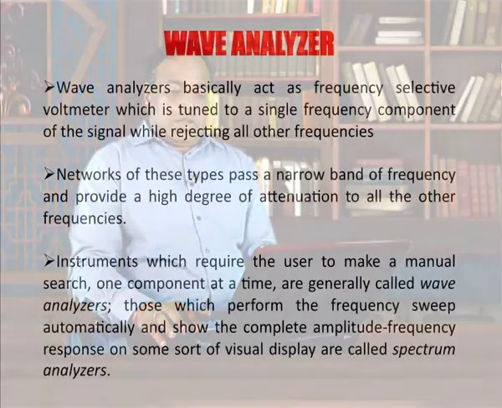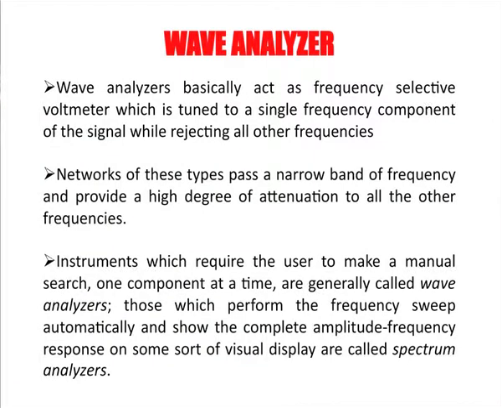So, they are basically voltmeters, and simultaneously they are frequency selectors also, because we are going to tune the frequencies one by one and then measure their amplitude. The networks of these narrow bands of frequencies provide a high degree of attenuation to all other frequencies. Here we select one of the frequencies, while at the same time there should be high attenuation to the adjacent or other frequencies.